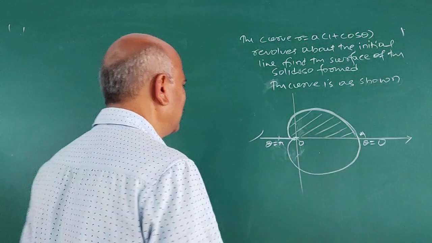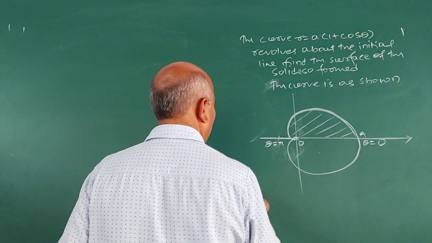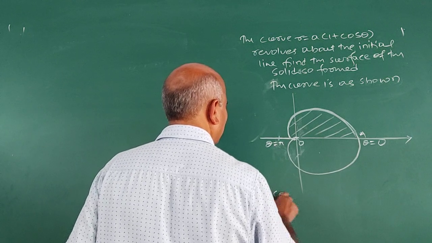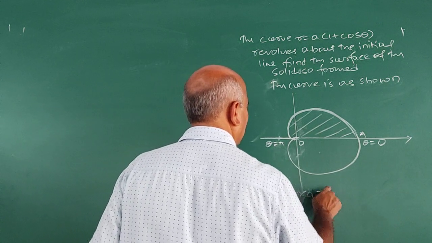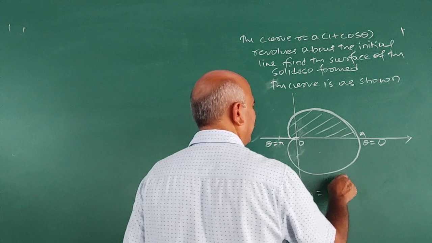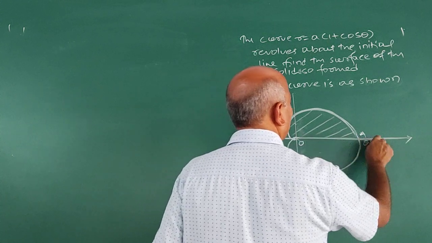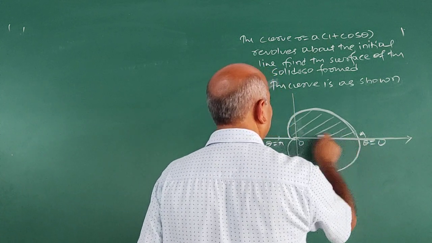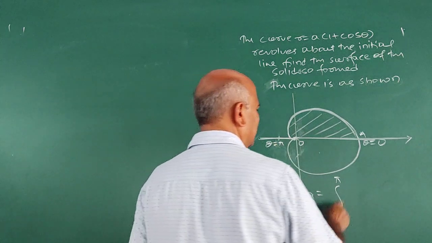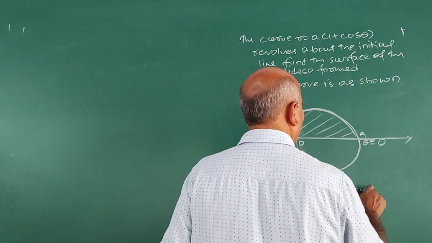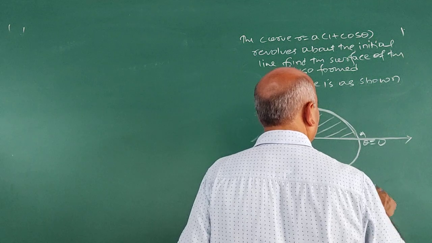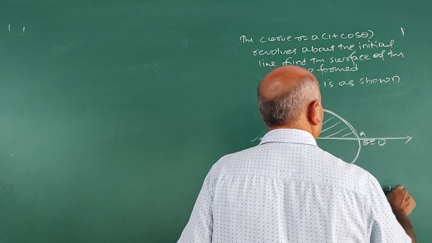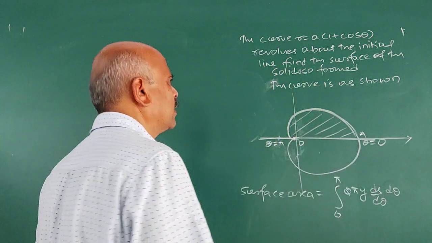So what is the surface area here? Surface area is integral 0 to pi, because the lines bounding the vectorial angle here are theta is 0 and theta is pi. So 0 to pi, 2 pi y ds by d theta. What is y?